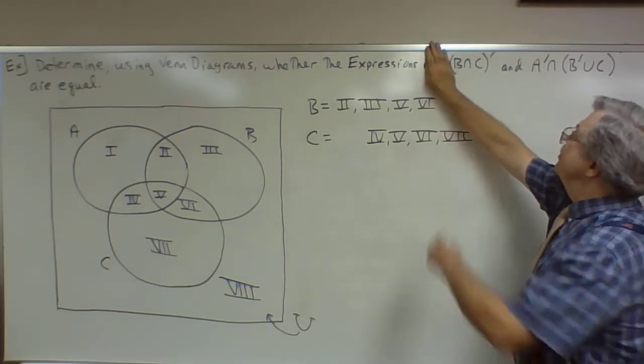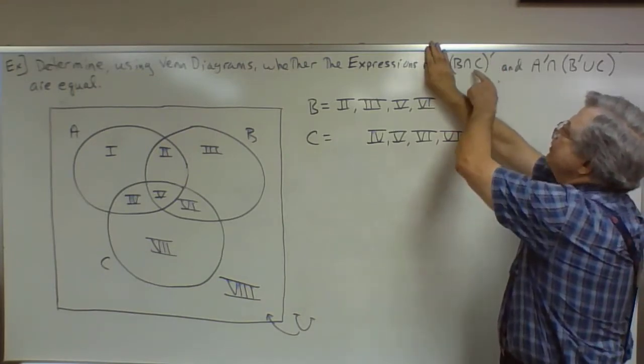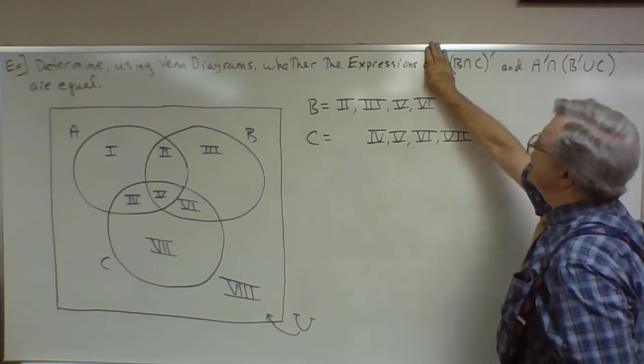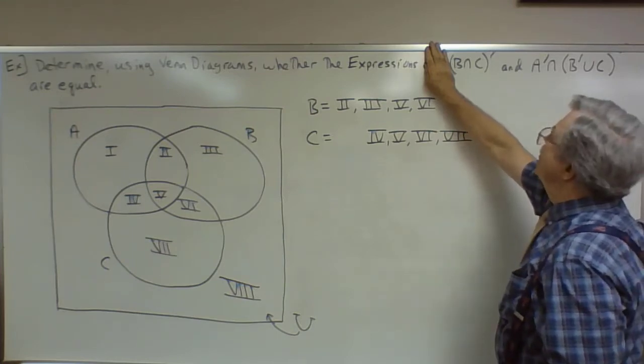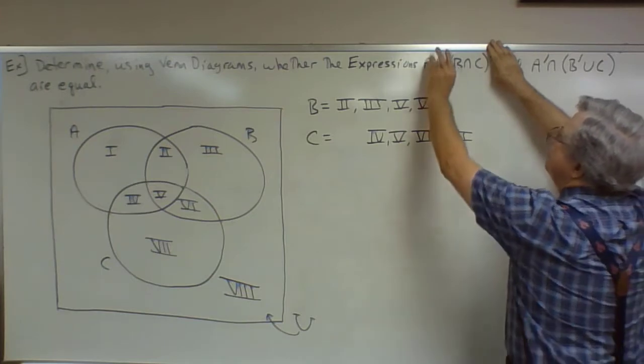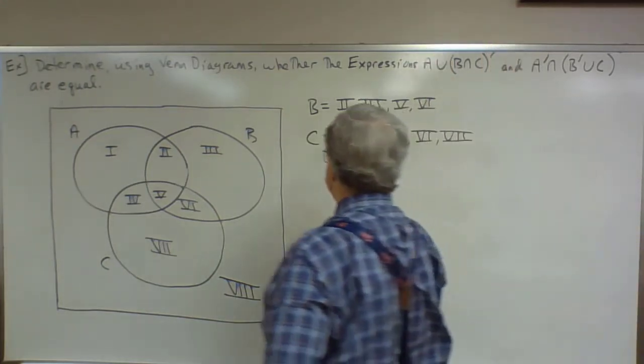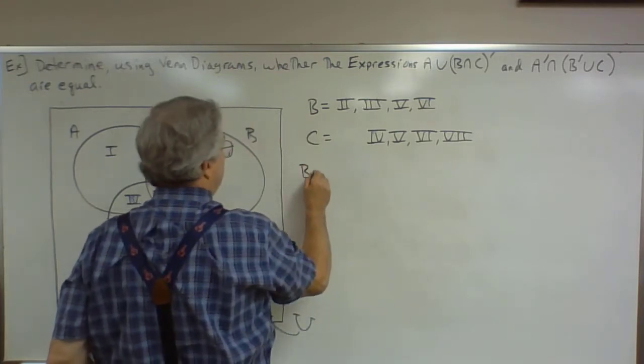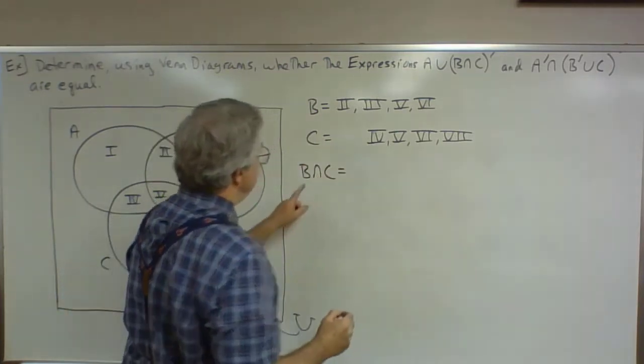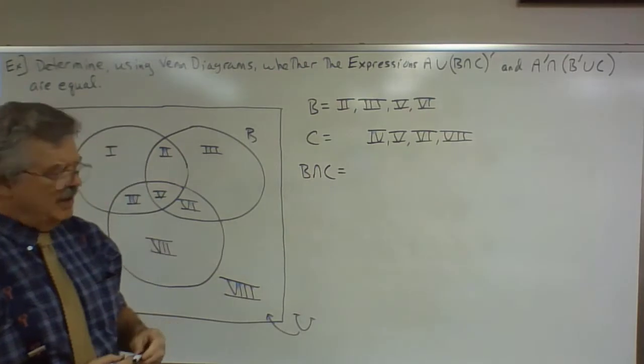Now I'm going to do the complement. Whoops, no, I can't do that yet, can I? I'm going to have to do B intersect C next. And what is B intersect C?